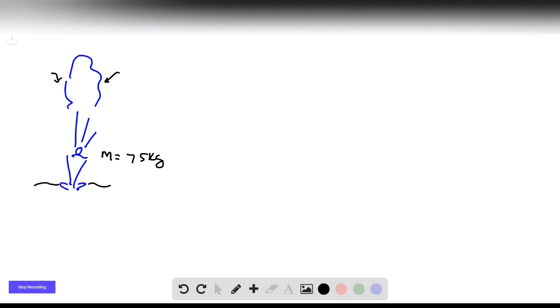The area being impacted, the area of contact, A, happens to be 0.30 meters squared.